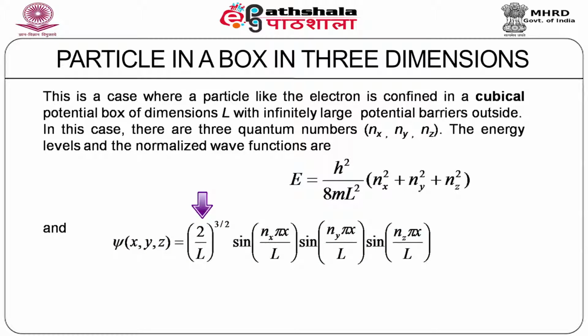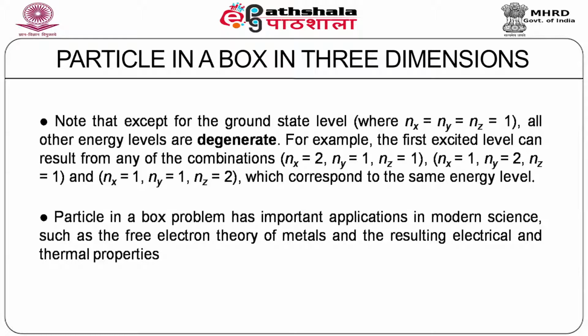And (2 by L) to the power 3 by 2 is the normalization factor, root 2 by L coming from each dimension. So this is the value of the wave function. So you get the energy level and the wave function.